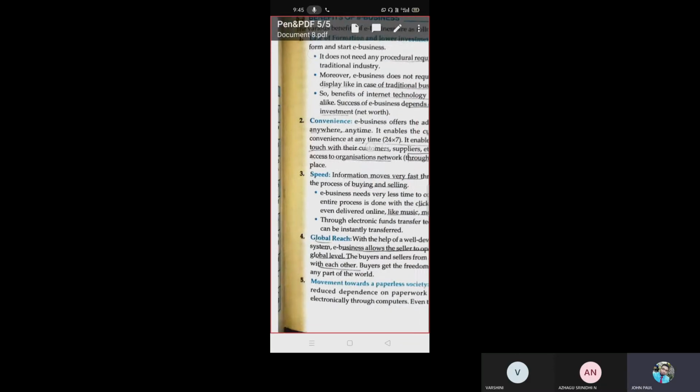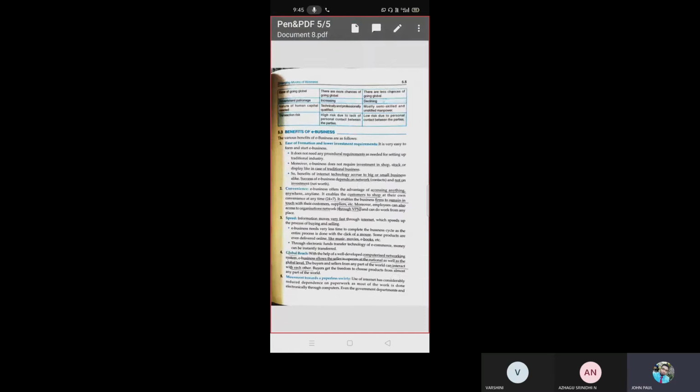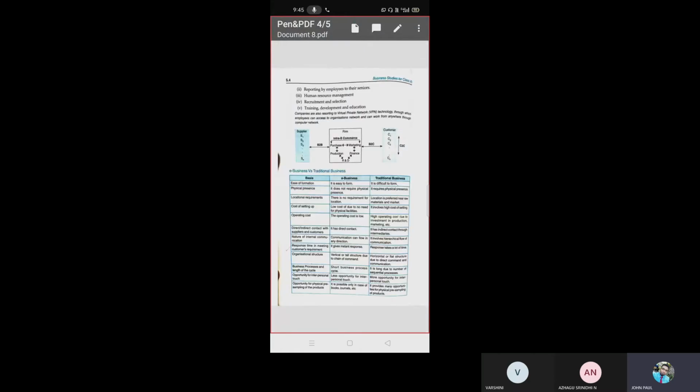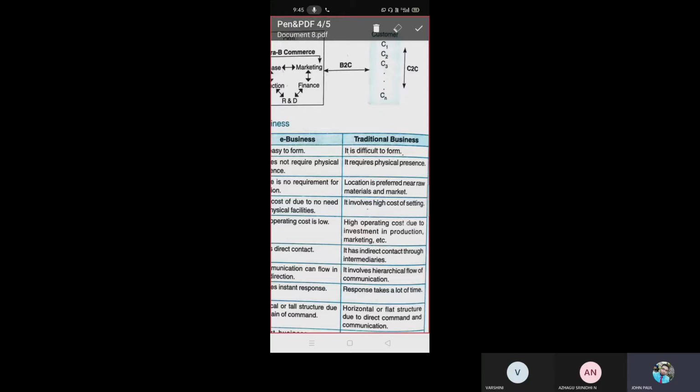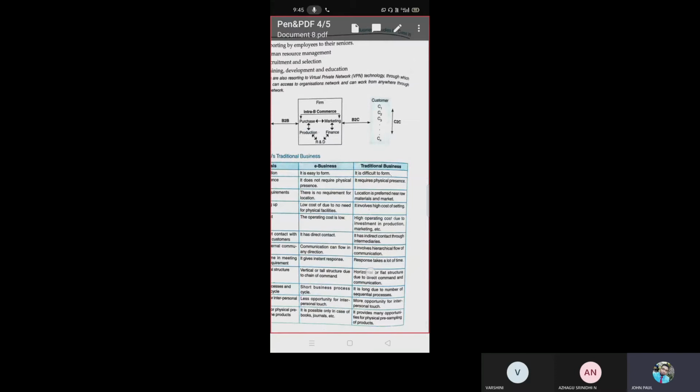Yes or no? Both the buyer and the seller must visit the shop. But in e-business it is not required. Then location requirement. There is no requirement for location.